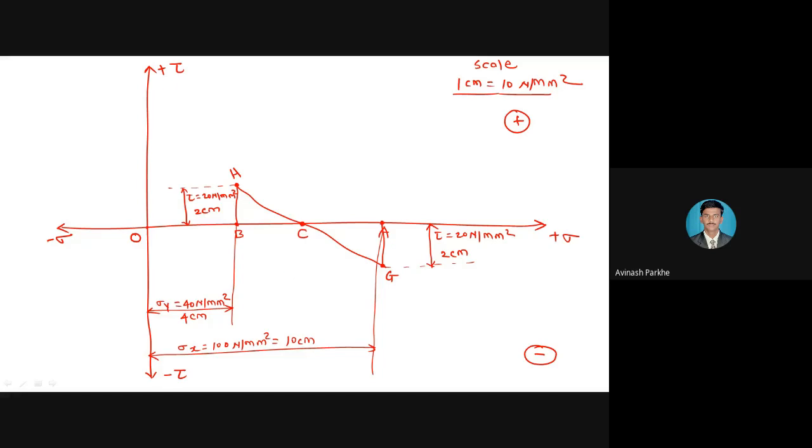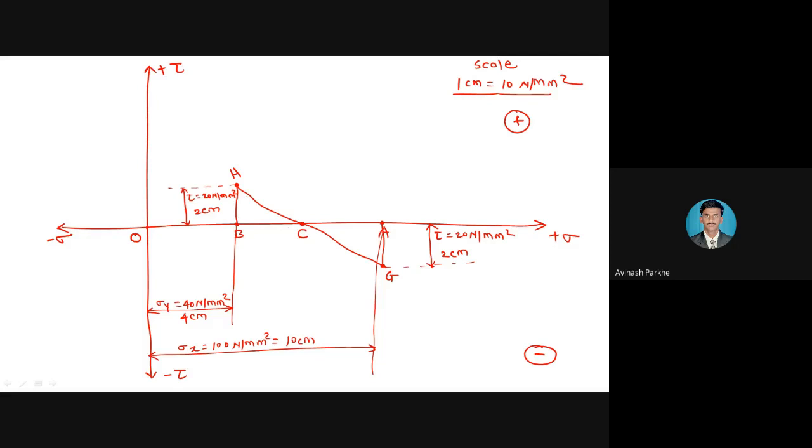Okay, once the point C is located, take the radius CH or CG. Don't take the radius CB or CA. That CB or CA radius we have taken for the previous 2 numericals or for case number 2. But here don't take CB or CA radius.